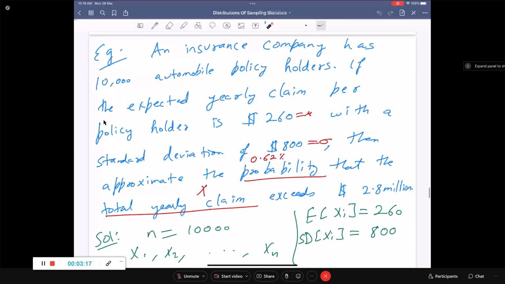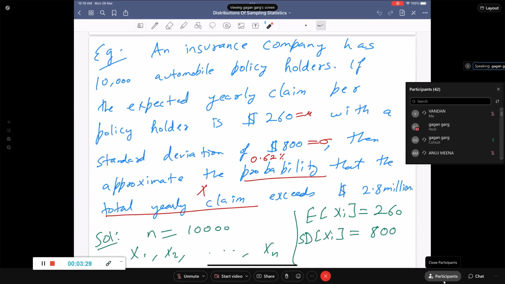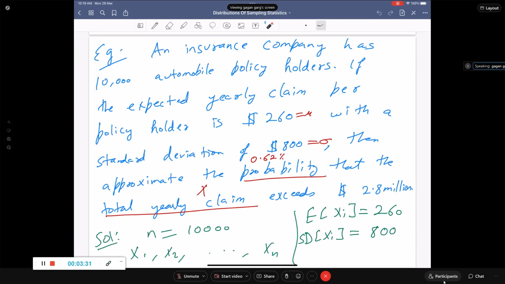Then we looked at an example of an insurance company which has 10,000 automobile policy holders. So 10,000 is definitely much more than 30. So the sum of these claims will definitely have a normal distribution. Then we said that the expected claim for each person is this, the standard deviation is this. What is the probability that the total yearly claim is above a certain number?